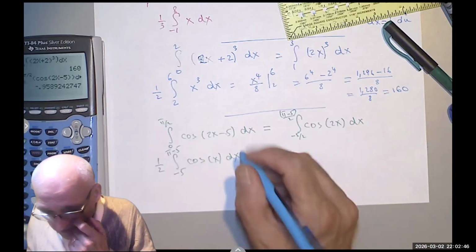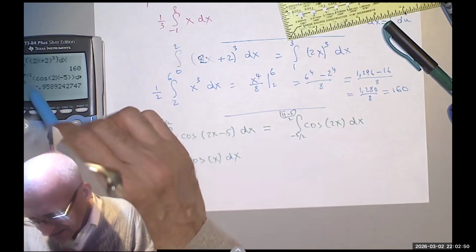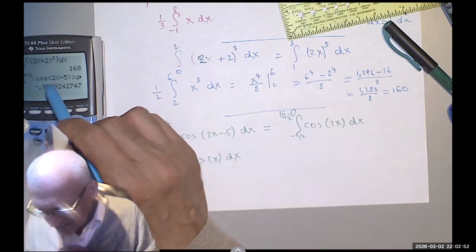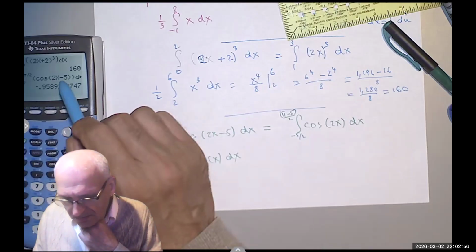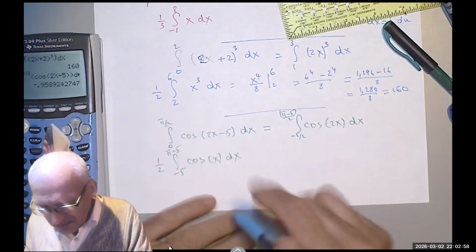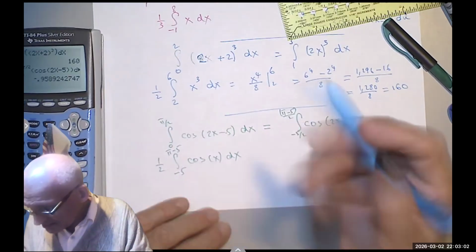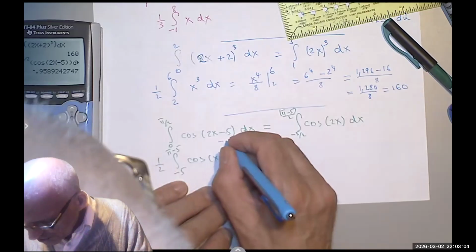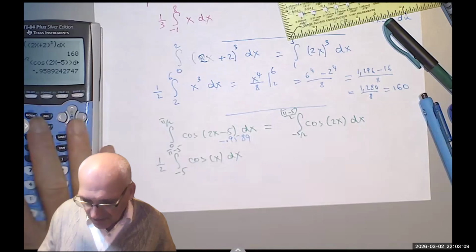That would give me negative, why negative? That's weird. Oh, yeah, that's in radians. Okay, negative 0.9589.